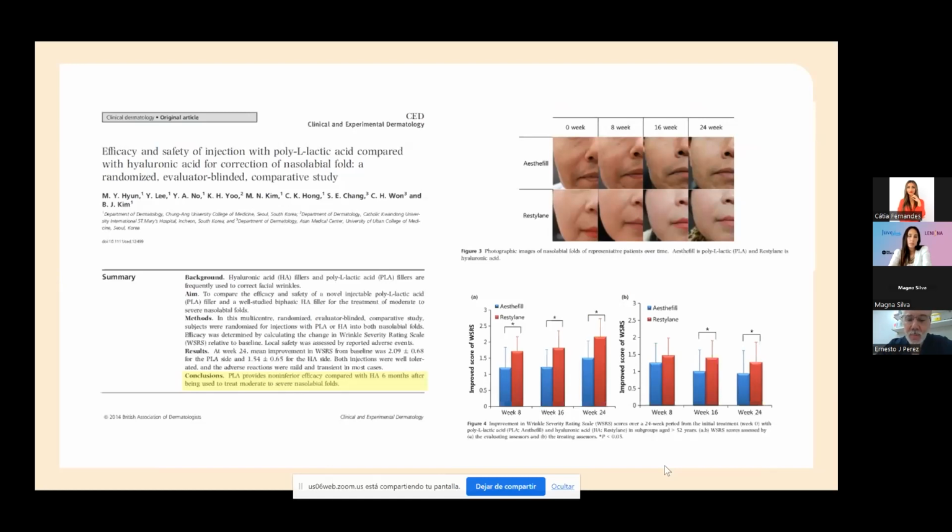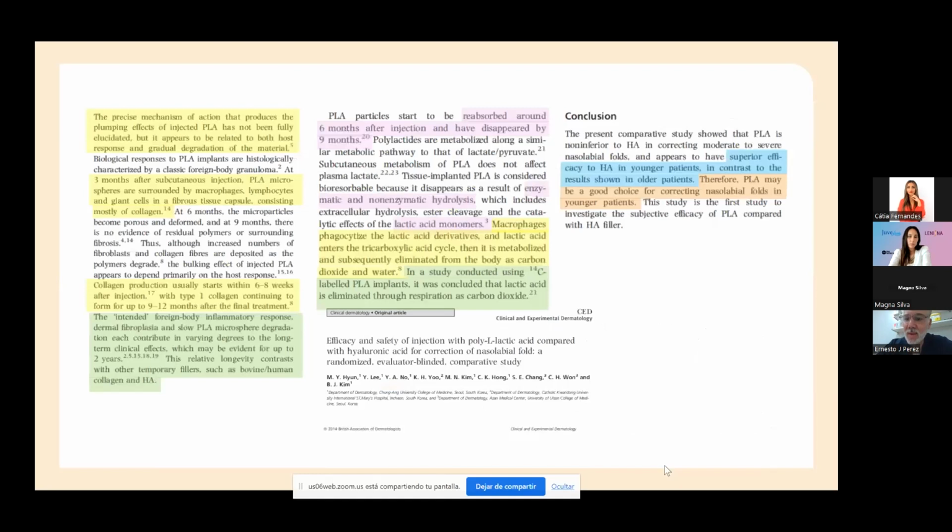So we are always talking about collagen stimulation, but polylactic acid gives volume, even with superior efficacy to hyaluronic acid in younger patients, in contrast to the result shown in older patients. We usually tend to inject collagen stimulators in older patients, but they are a very, very good option in young patients. The PLA may be a good choice for correcting even nasolabial folds.